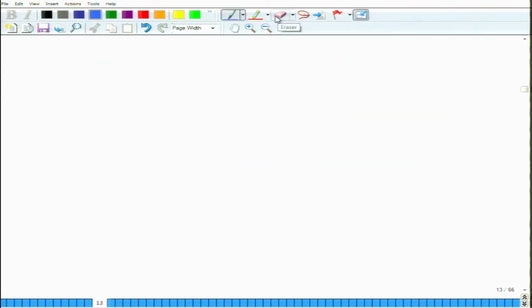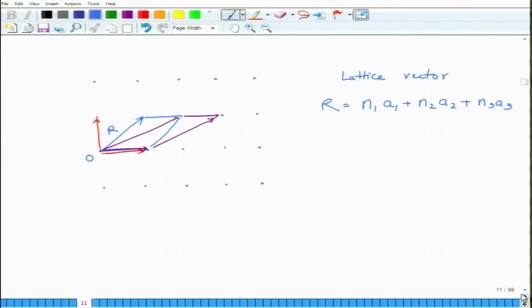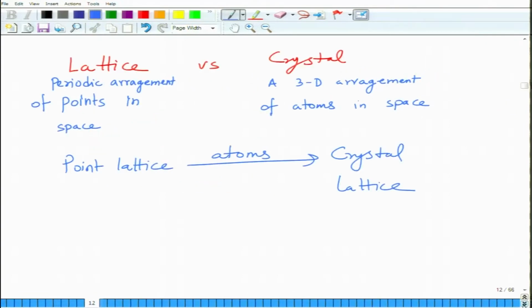Based on this particular aspect of lattice, if I go back to the previous one, I have a unit cell like this. Now, if these are all atoms, this will be called a crystal lattice.